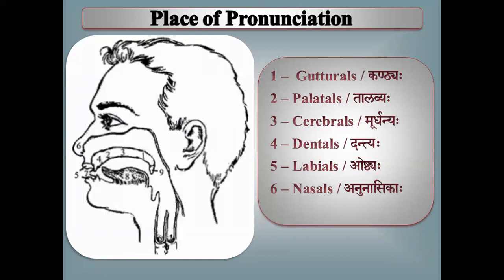That is dental, dantyaha. And oshtyaha involves the application of lips. And the last one is anunasika, the nose. So kantyaha, talavyaha, murdhanyaha, dantyaha, oshtyaha, and anunasika. These are the ucharana sthanam.